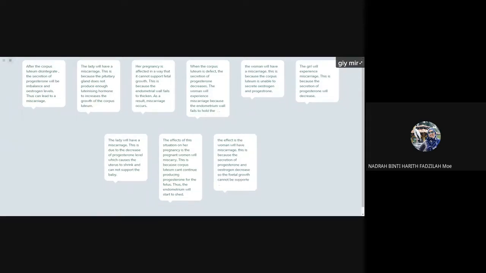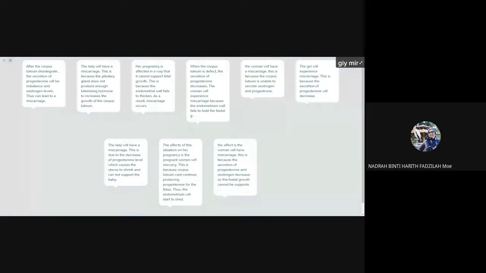Alright. So the endometrium can no longer support fetal growth. Boleh, tak ada masalah. Alright.